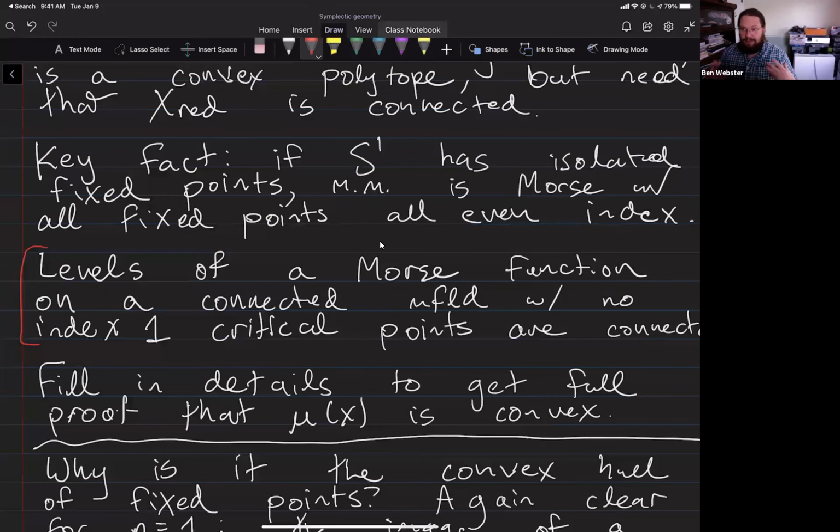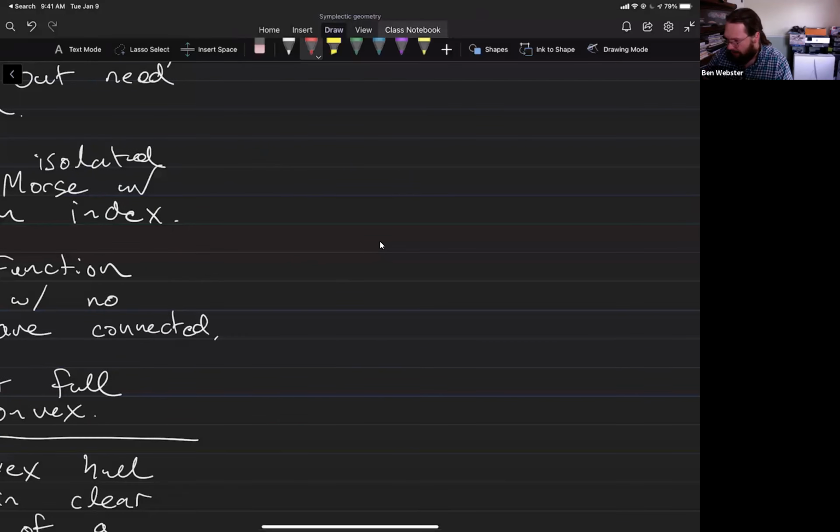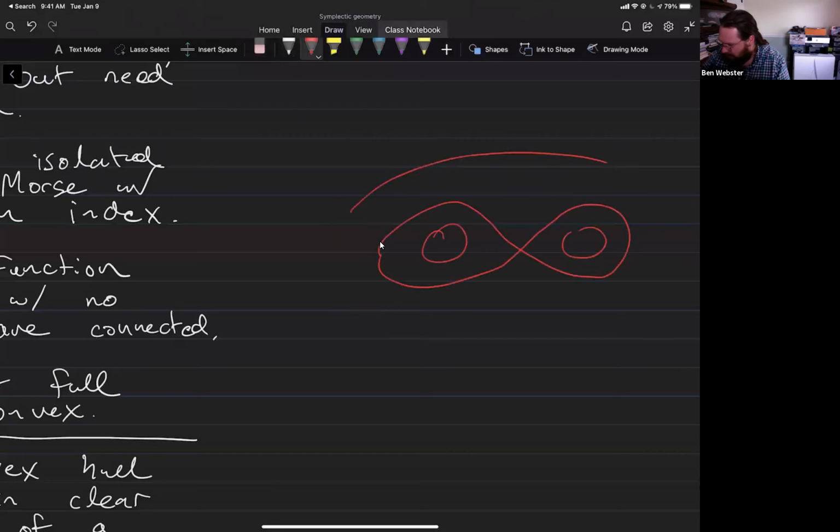It's certainly possible to have a Morse function on a connected manifold whose levels are not connected, but you have to have an index 1 critical point in there. I'm not going to do an excellent job of drawing this. Let me draw the level sets of a function, and I think we'll get the idea. This is the kind of thing you'd have to worry about, where I can have a Morse function that looks like this.